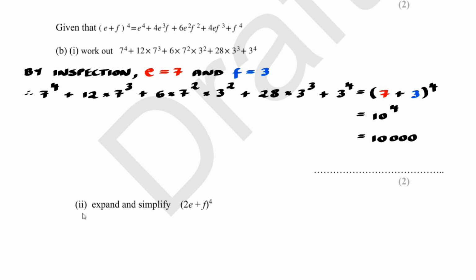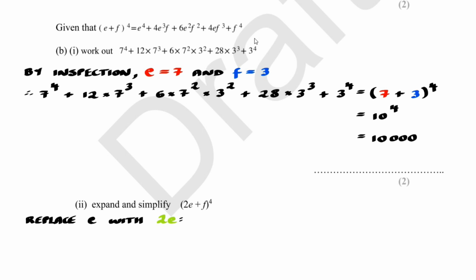For the second part of part B, we have to expand and simplify 2e plus f all to the 4. And notice that e has been replaced with 2e, and therefore we have to replace e with 2e in the expansion shown here.